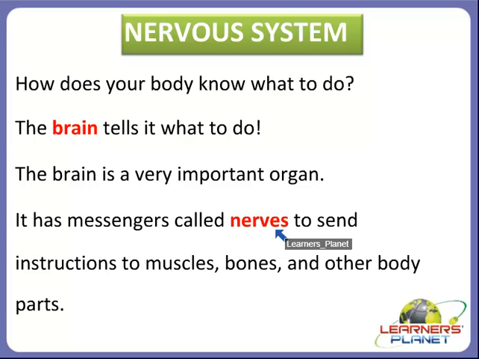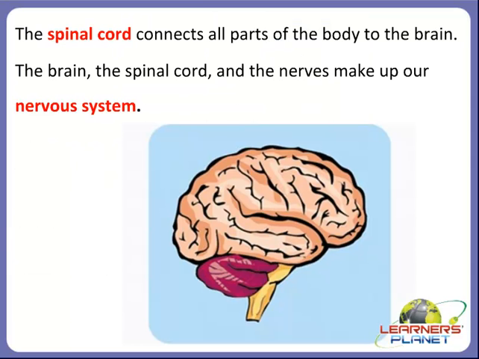And what do these nerves do? These nerves send instructions to our muscles, bones and other body parts. So we can say that the brain is a very important organ.